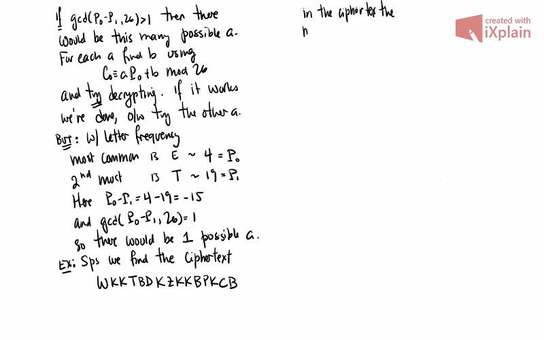The most common letter is K. And K corresponds to the number 10. So we'll call that C0. We're going to assume that corresponds to the letter E. But before we do that, the second most common, again in the ciphertext, is B. B corresponds to 1.